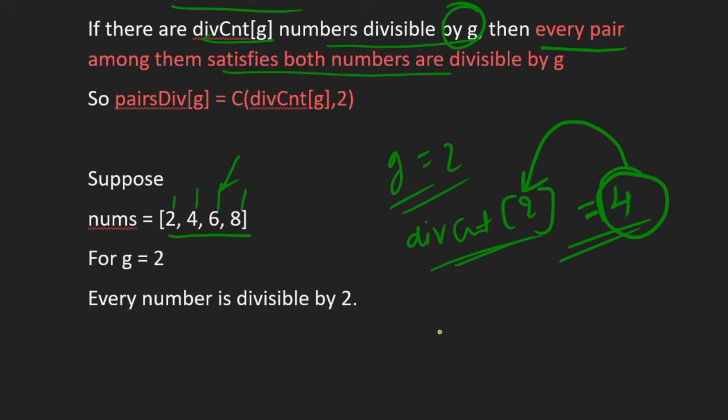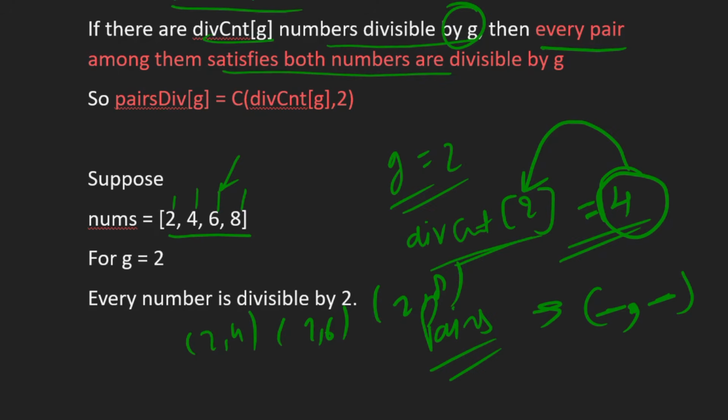Now how many possible pairs are there in which both the numbers are divisible by 2? Here, the pairs are 2 comma 4, 2 comma 6, 2 comma 8, 4 comma 6, 4 comma 8, and 6 comma 8. These are the pairs in which both the numbers are divisible by 2.